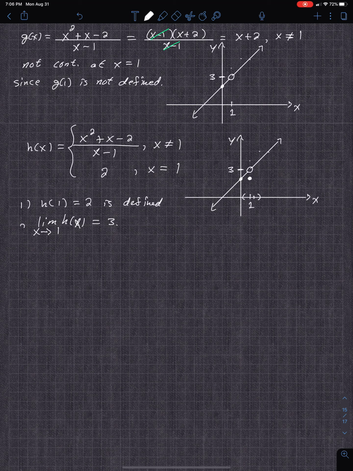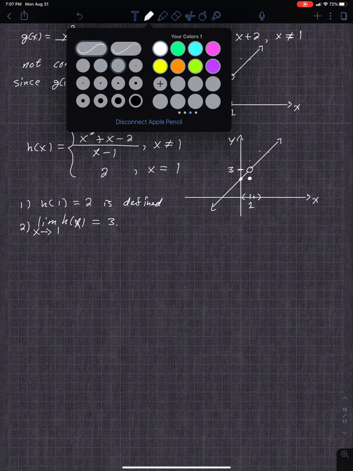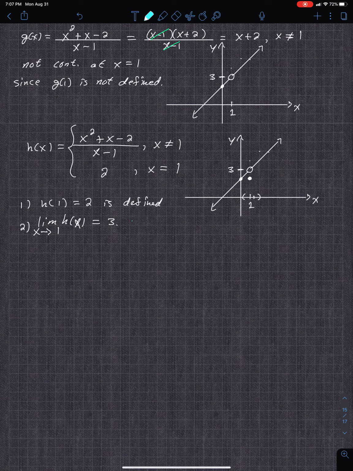So 1 and 2 are actually satisfied. But are these equal? Does the limit, so I'm going to rewrite that for you. Does the limiting value or limit value equal the function value?